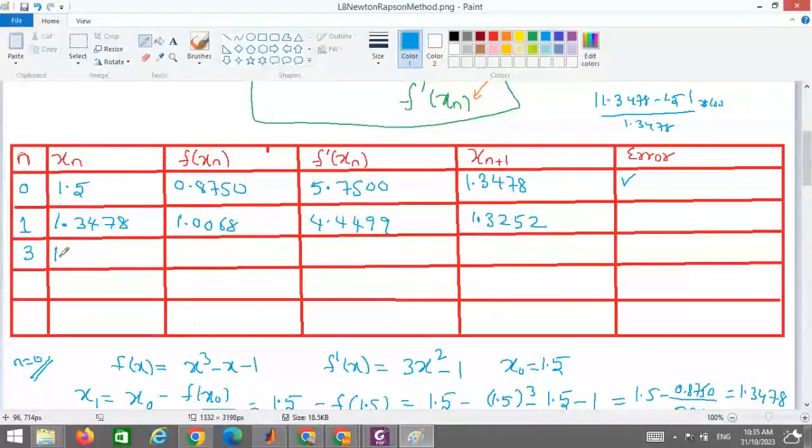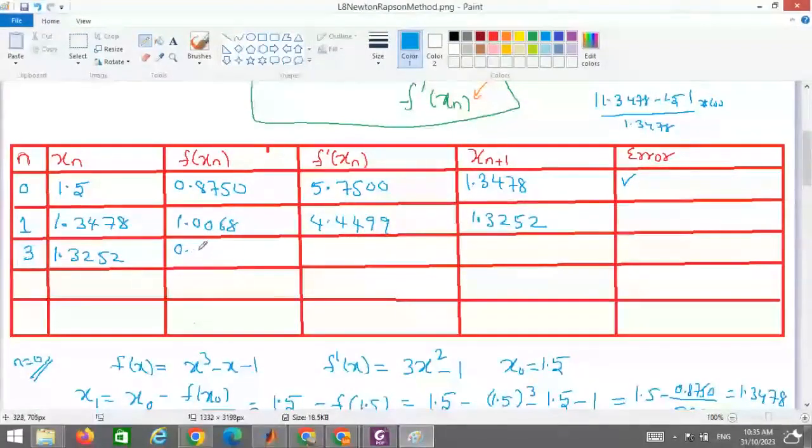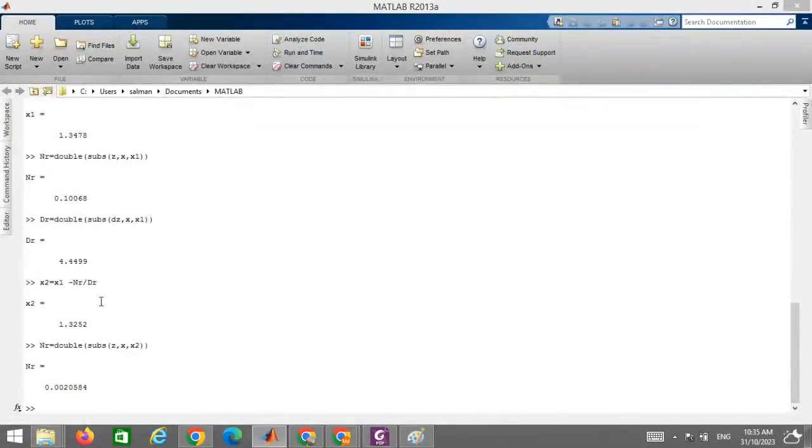So I just write the numerator value, which is 0.020584. Okay, and let's find the denominator, with the value of x2.